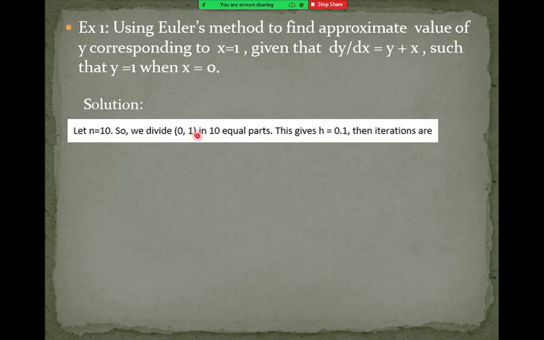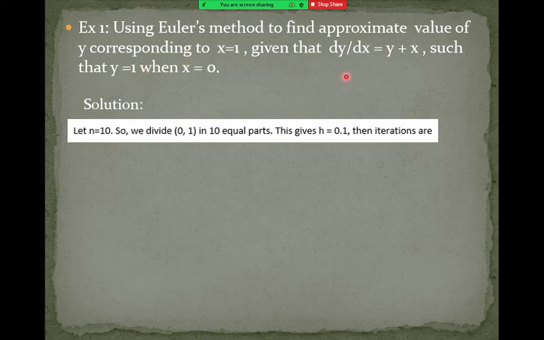So we want actually y10. y10 will be the value of y at x equal to x10, and that x10 is 1 there. I hope you are getting what I'm saying. So the first formula. What is the formula for y1? y0 plus h, f of x0, y0, correct. What is y0? y0 is 1.